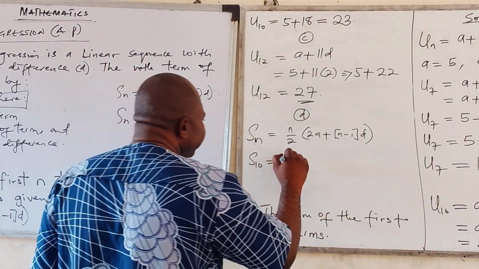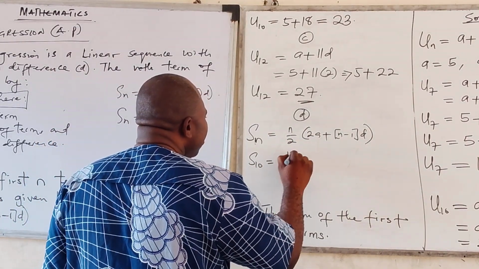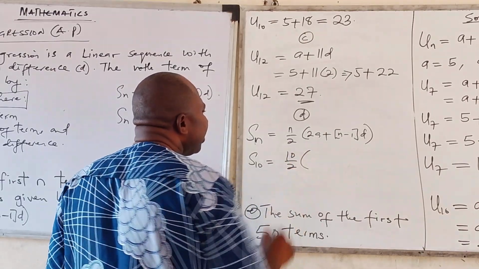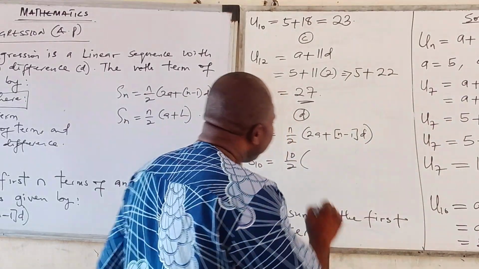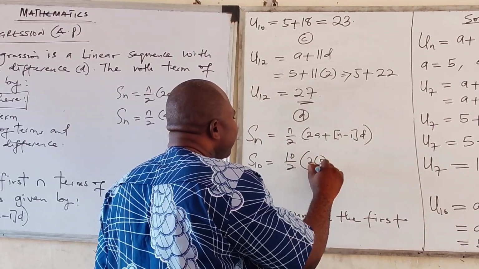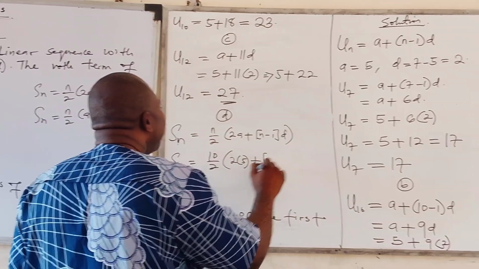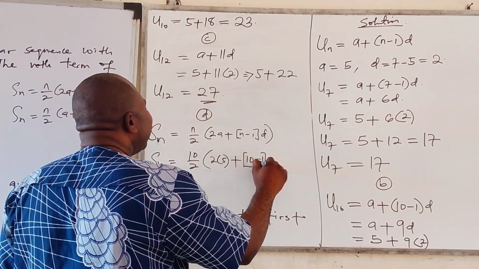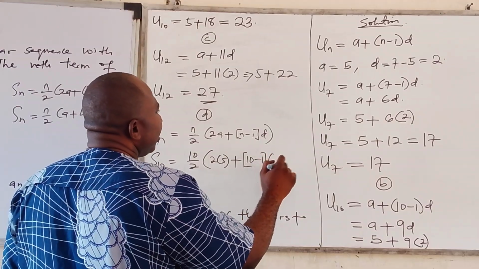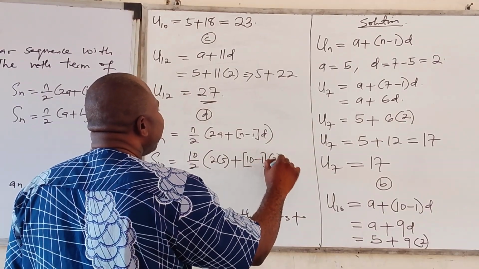Here we have 10 over 2 in brackets 2a, and the value of a is 5, so 2 times 5 plus n minus 1, where n is 10, so 10 minus 1 times the common difference, which is 2.